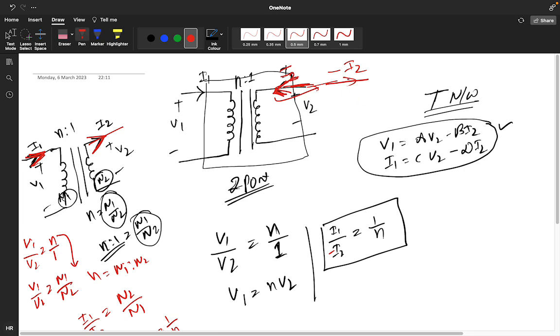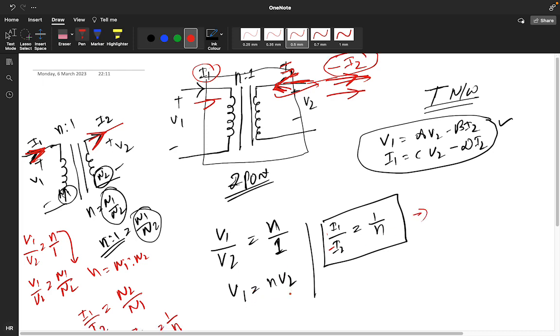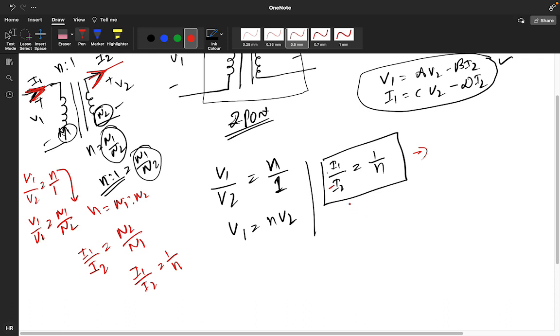So if you assume the current in these directions, then I2 becomes minus I2. That's why the ratio of I1 upon minus I2 you will get as 1 by N. So you are getting V1, see, I am telling you what you are getting.